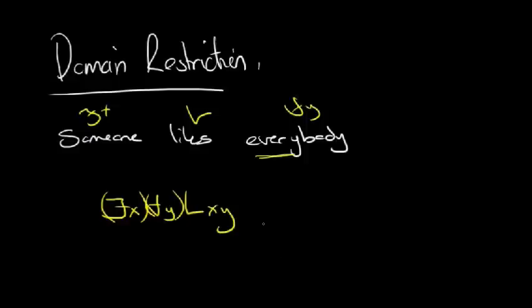But our problem is that X and Y can refer to anything. So suppose that X referred to a table and Y referred to a chair. Remember, X and Y can stand for anything at all.